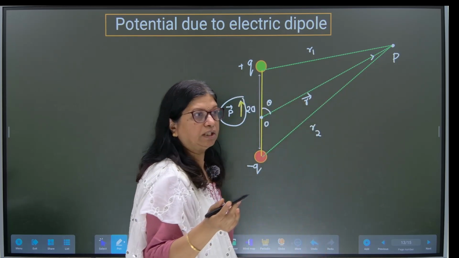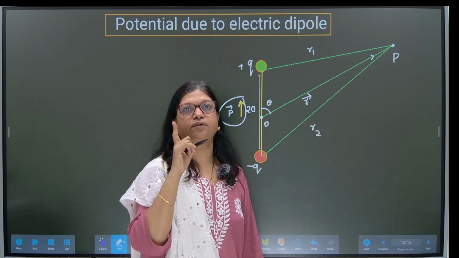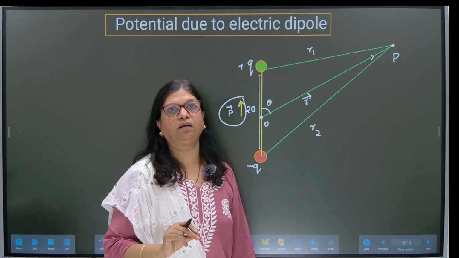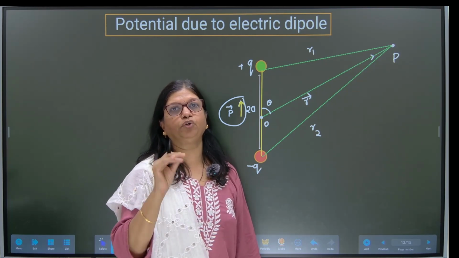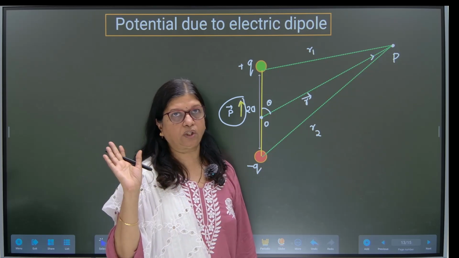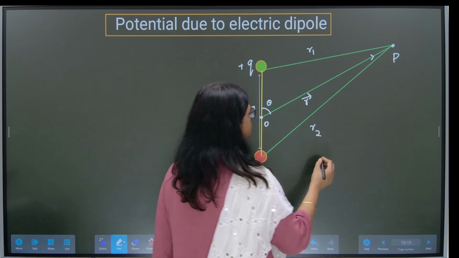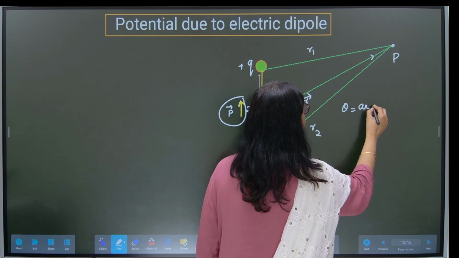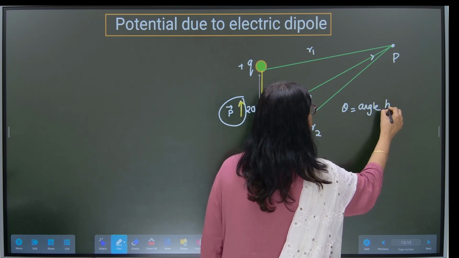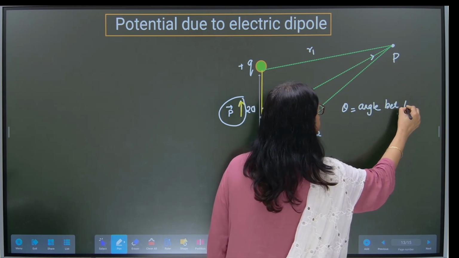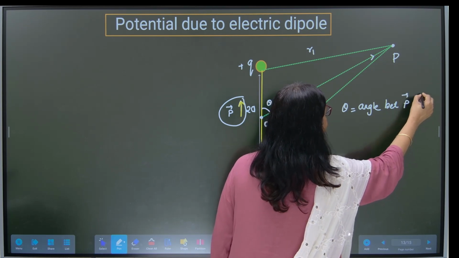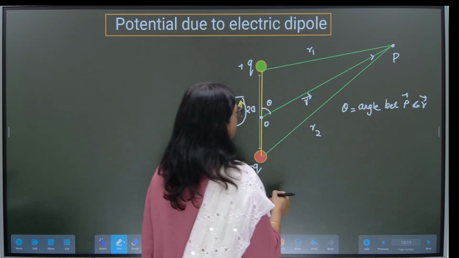So as usual, I always write down the description of the diagram so that it is easier for you to understand what we are talking about. First, let me write down theta. Theta is the angle between P arrow and R arrow. Correct? Okay.